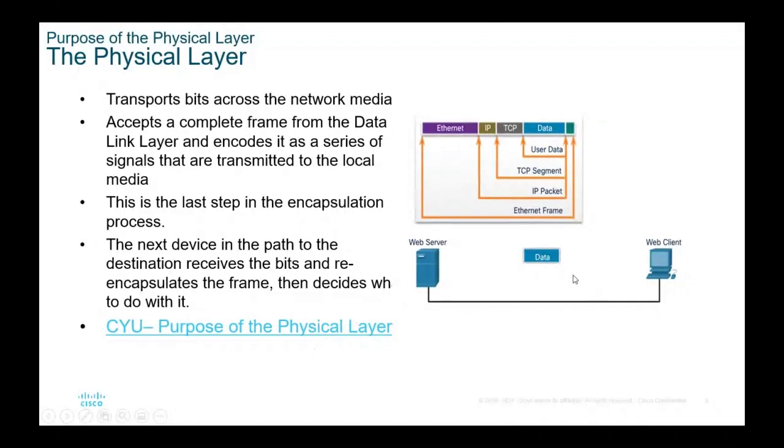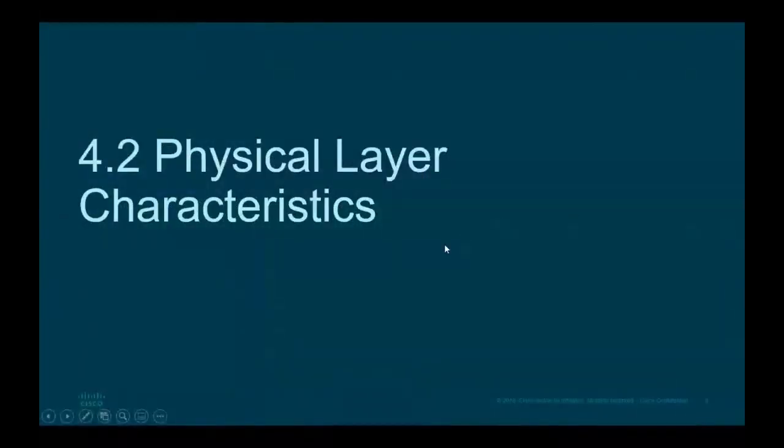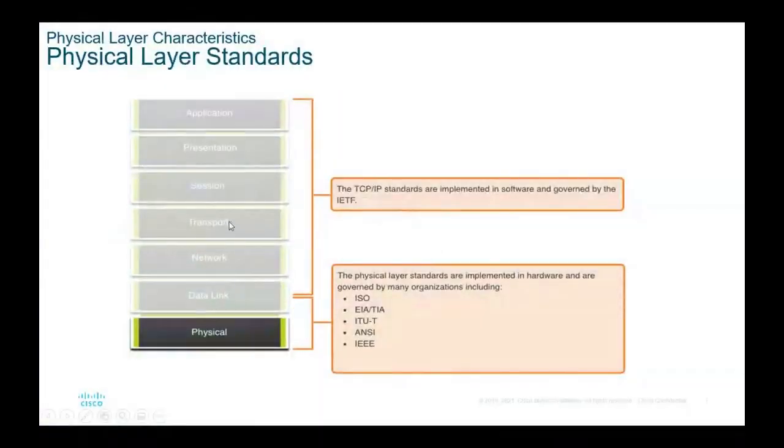So this is the last step of encapsulation, and encapsulation is basically wrapping it up in layers. So the next device in the path to the destination receives the bits and re-encapsulates the frame and decides what to do with it. So let's not worry too much about the higher layers. We're focusing on the physical layer only.